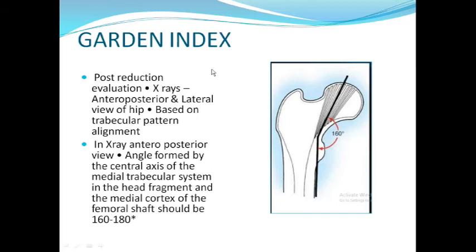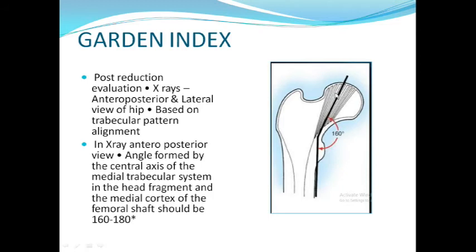There is something called the Garden index, which you must know. This index helps us to assess post-reduction whether our reduction is perfect or near perfect, or it is not acceptable. So what is this Garden index? You take an X-ray in AP and lateral view. Now, based on the trabecular pattern, these are the directions of the principal medial trabecular system.